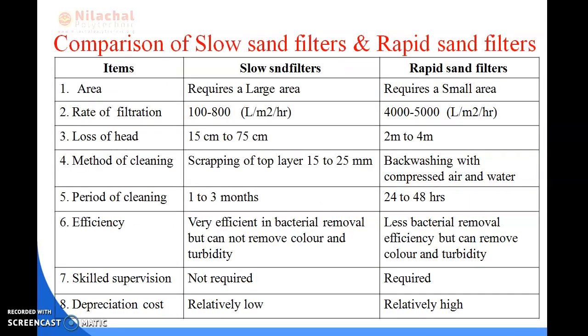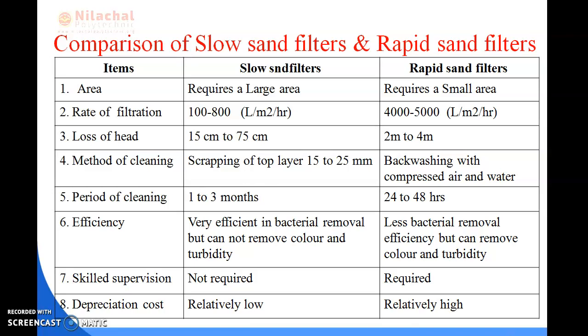Next we will deal with the comparison of the slow sand filters and the rapid sand filters, that is, the differences between them. First, the item is area: the slow sand filter requires a larger area, but the rapid sand filter requires a smaller area.